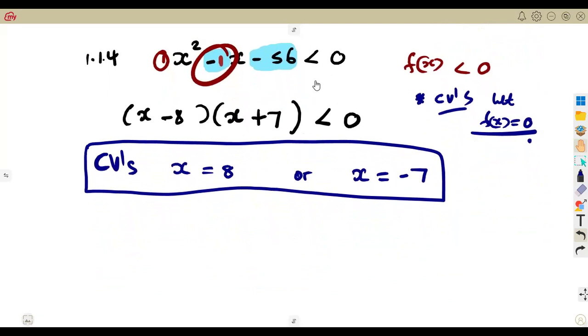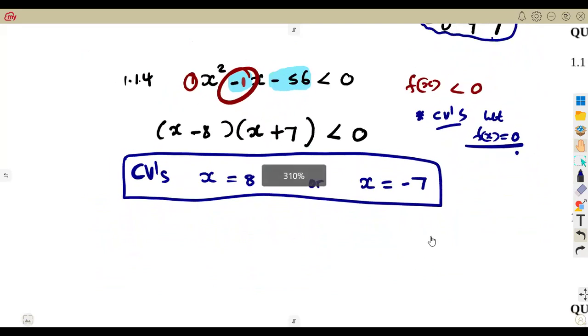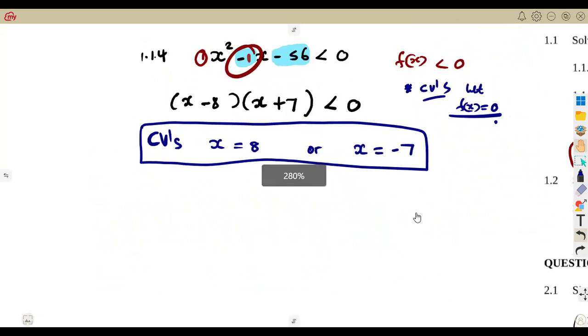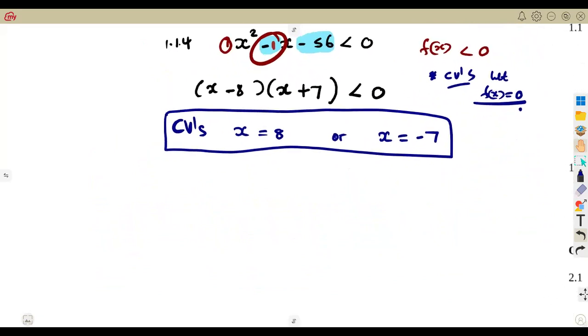The exact solutions are going to differ with the method that you are used to. Are you going to use the graphical method? Are you going to use the number line? It's up to you.